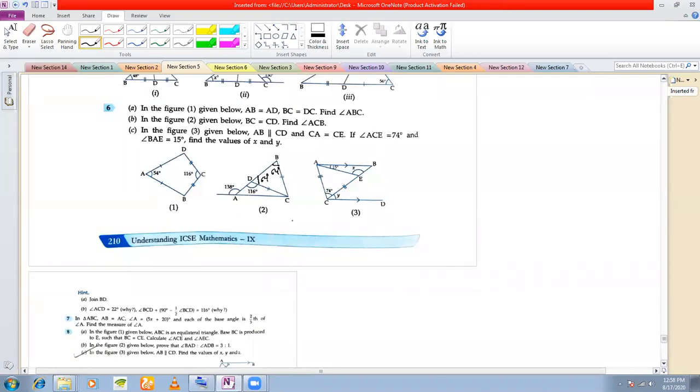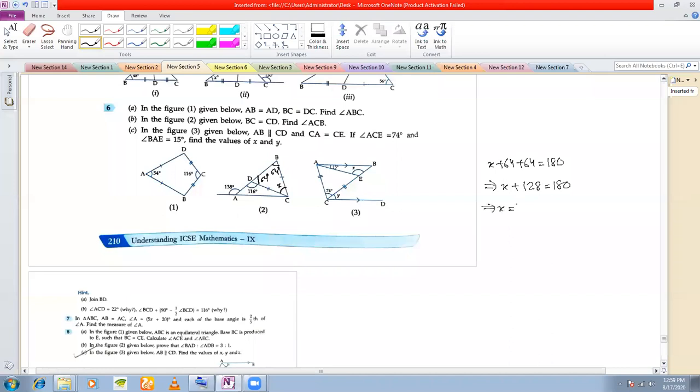So now we can find out this angle in this triangle, because if I take this angle to be x, then x plus 64 must be equal to 180. That means x plus 128 must be equal to 180.